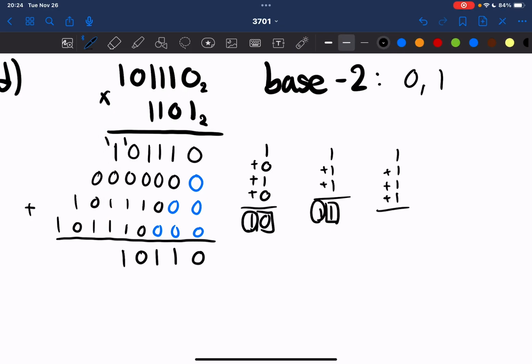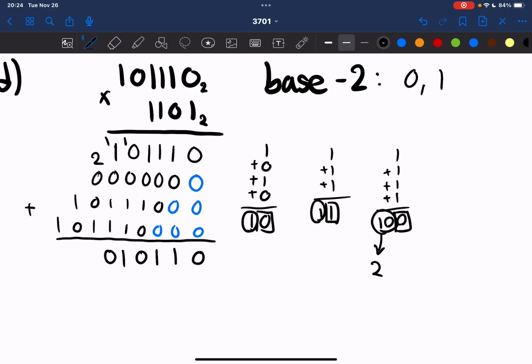That gives us 4, or 1, 0, 0. Right, now we've got 3 digits, so what do we actually do? Well, we still take that first digit there, and then we carry this whole second part. So we carry this 1, 0. You can also just write it out as 2, right? Because that is what it is. It's a 2. So let's put a 2 there to make it a bit simpler, but it's still 1, 0.